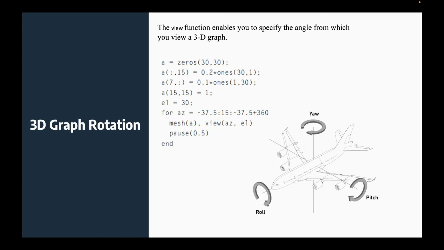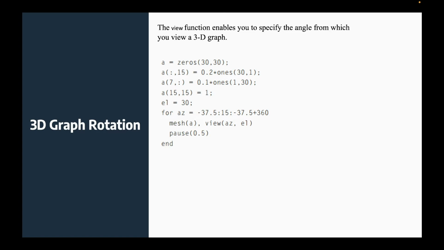Now that's the center. If you go up and down above the center, that's called pitching. So if the airplane is going this way, that's called the pitch angle. And rolling is the rolling angle. Now if the airplane goes right and left this way, that's called yawing. So if the airplane is turning around the center, that would be yaw. So just in case you're wondering what this AZ is in this case.